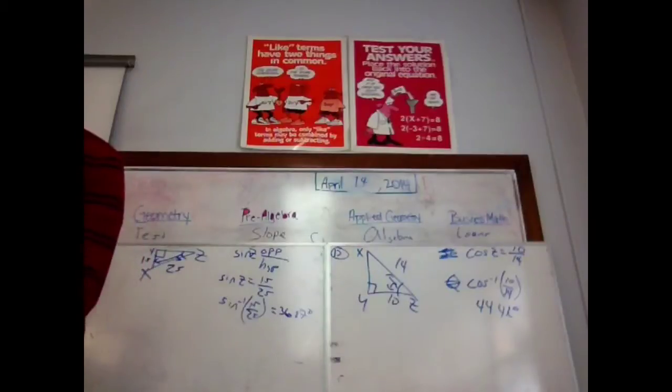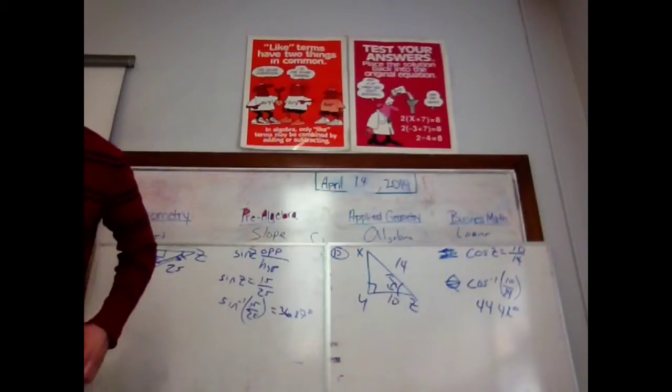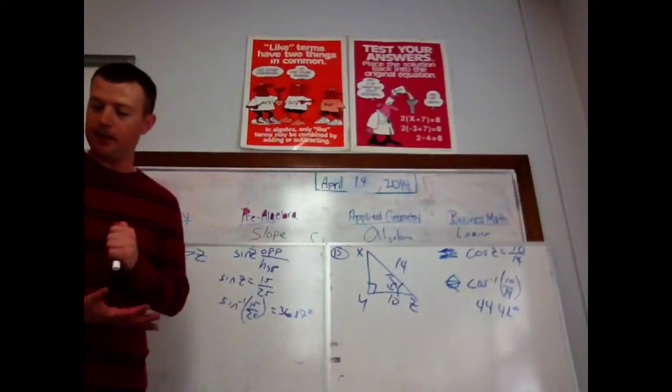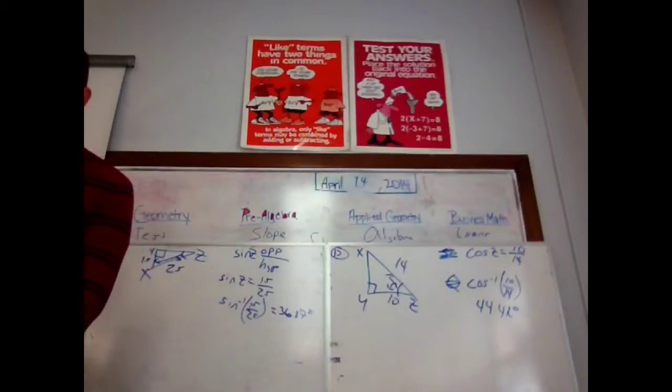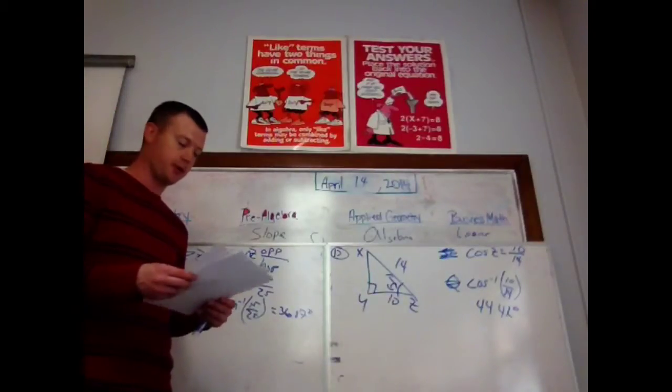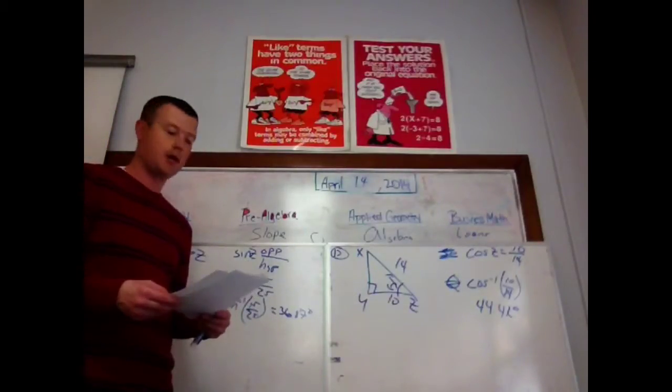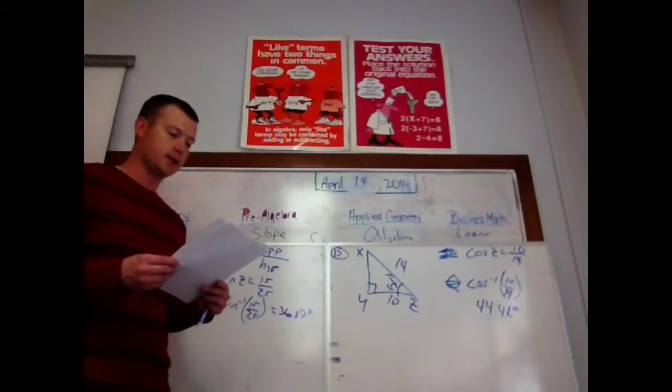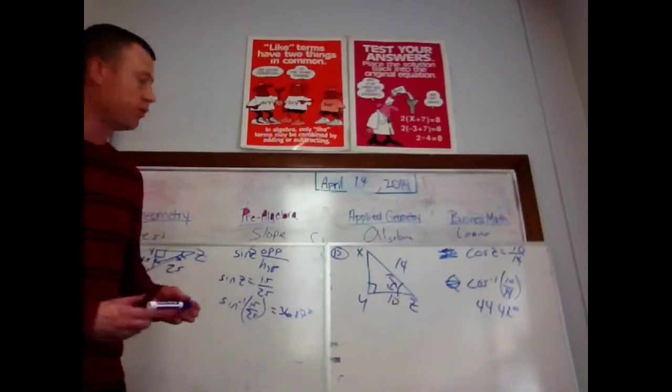Alright, the last problem of the day we're doing is 15. It says solve a right triangle. Round the side measures to the nearest tenth and angle measures to the nearest degree. So we're going to the nearest tenth and we're finding the sides. Alright, so we have this triangle.